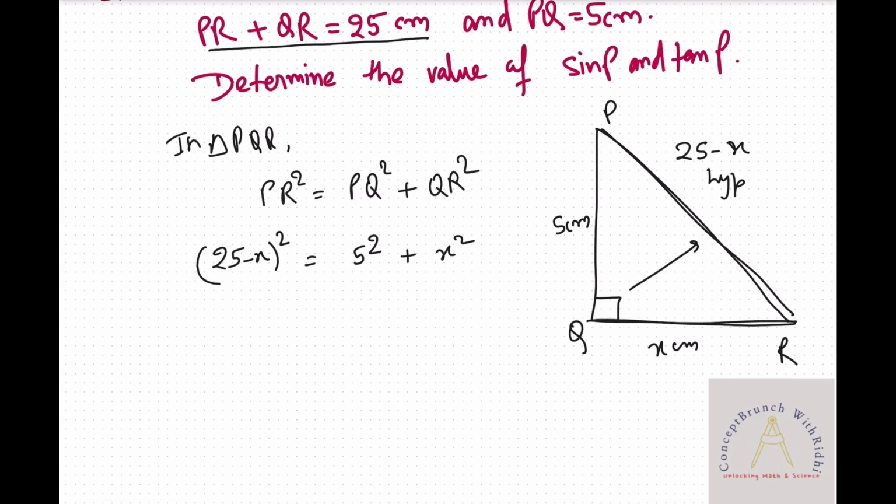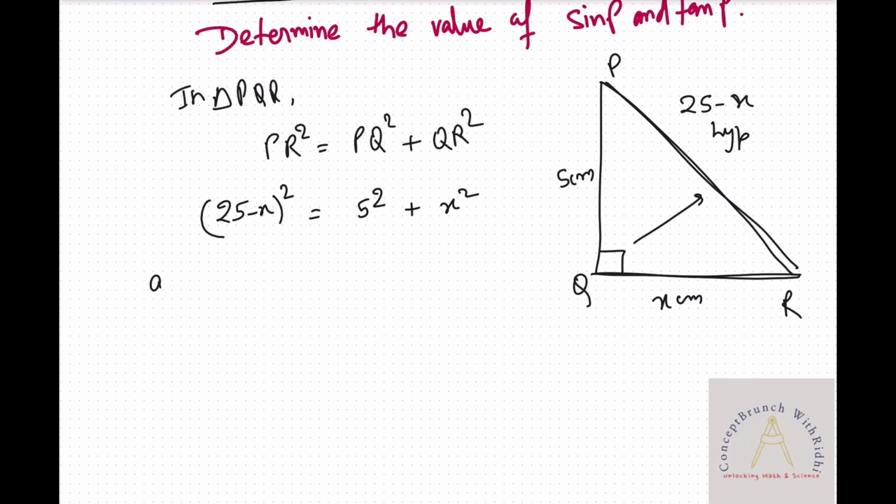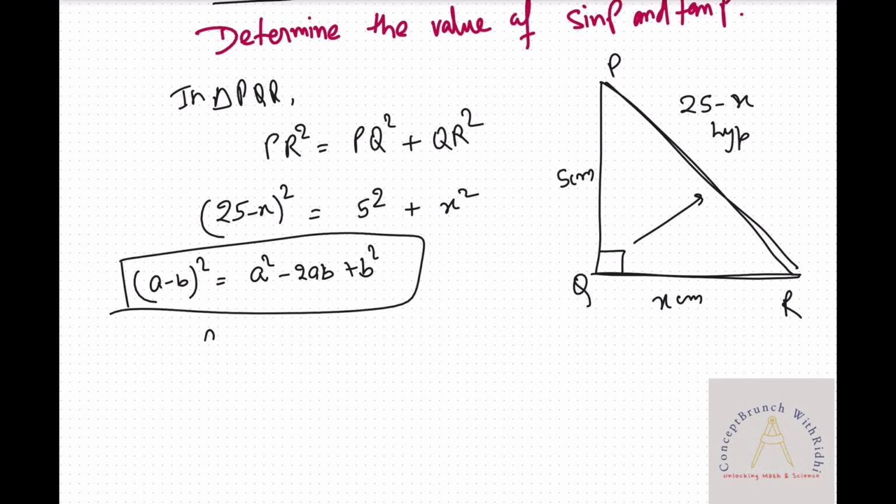Okay, open the bracket. So we can apply here the (A minus B) whole square formula: A squared minus 2AB plus B squared. If you don't know, you can expand it like this, (A minus B) times (A minus B), like that also. You'll get the same answer. And you can memorize this also for future work.